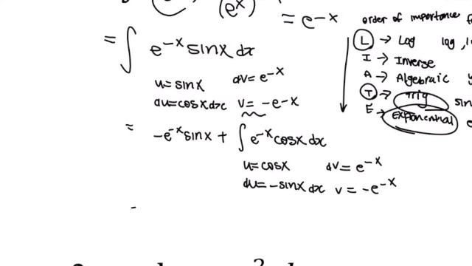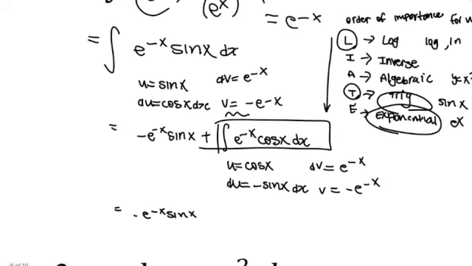Okay, and then negative e to the negative x sine x, and then we're going to take the integral by parts of this function. So let's make a huge square bracket. u times v is negative e to the negative x cosine x, and then v du. So negative, and then negative e, and then negative sine x, so it's going to cancel out to positive.